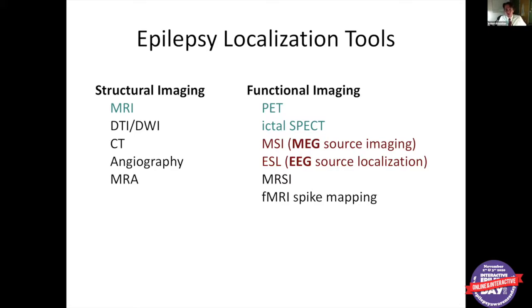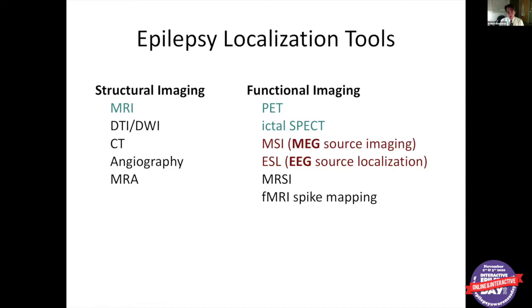And then functional imaging has been around too, in fact older than MRI, like PET scans and SPECT scans, and I'll talk about those more. They're important because they are measures of function and not structure. So you can have normal structure and an abnormal PET scan or an abnormal SPECT scan, because they are images of function.